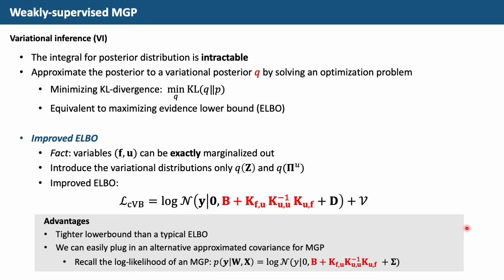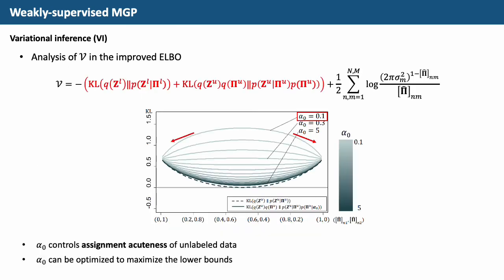To see this, let's focus on the term V. In V, we have KL divergence terms including the Dirichlet prior colored by red. As we are maximizing the ELBO, the smaller KL term is preferred. We can see the trend of this KL in the figure.